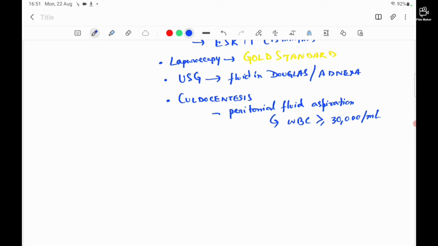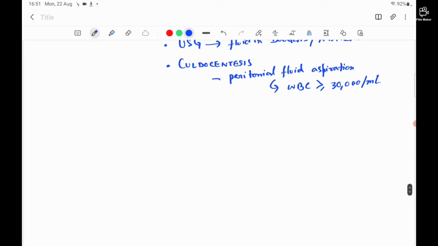Let's talk about the differential diagnosis of PID. When a patient comes to you in your gyno clinic or department, you have to do differential diagnosis. Bilateral pains and all these complaints are similar with many other clinical conditions as well.